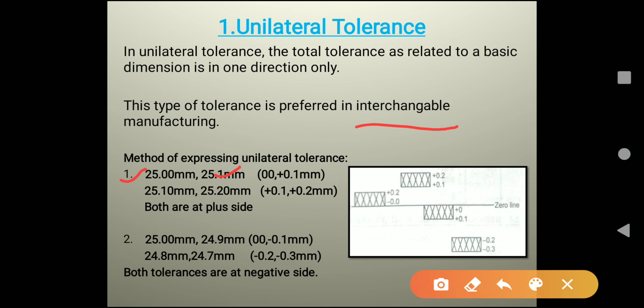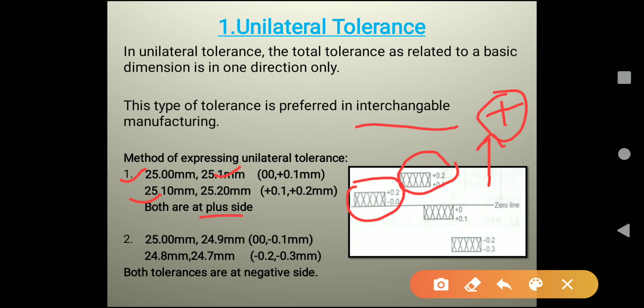It is a type of unilateral system, where the dimensions lie only on one side, or in one direction, that is the plus direction. Then 25.1 mm and 25.2 mm, that is plus 0.1 and plus 0.2, both are on the plus side, you can see.